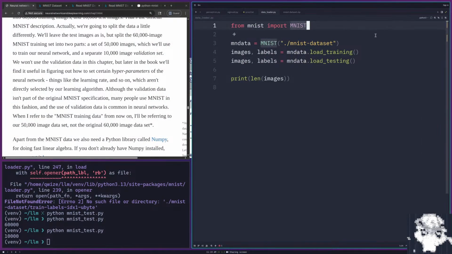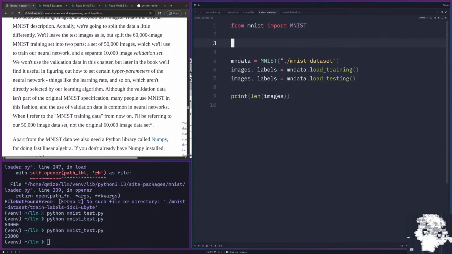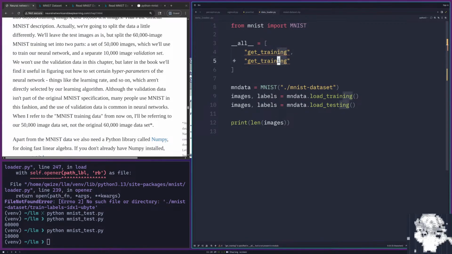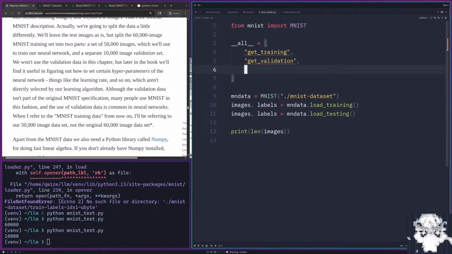Then we're going to export from this. Get training, get validation, and get test.